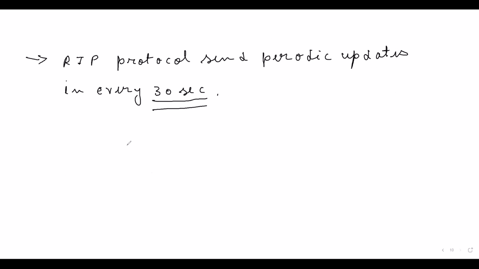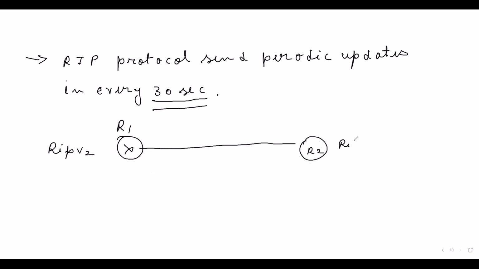I have 2 routers, R1 and R2. In both routers, I am using the RIP protocol for communication, RIP version 2 on both. So what will happen?